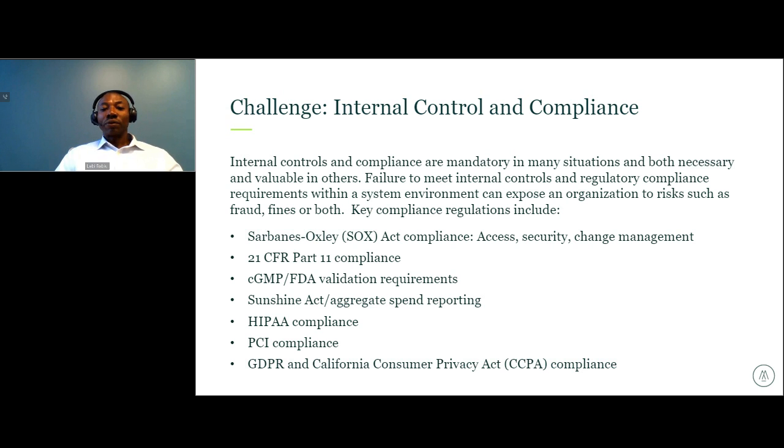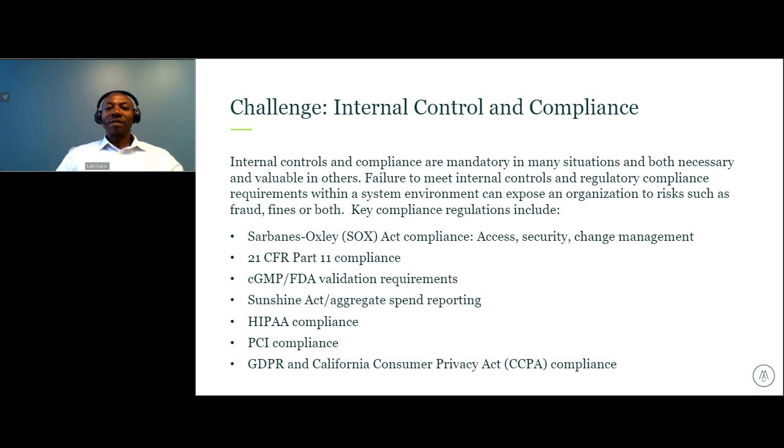Another example that's based on regulatory requirement is current good manufacturing practices, CGMP, that's enforced by the FDA to ensure proper controls over manufacturing processes and facilities. There's also the Sunshine Act, which requires companies dealing with healthcare providers to report aggregate expenditures and payments to these providers.